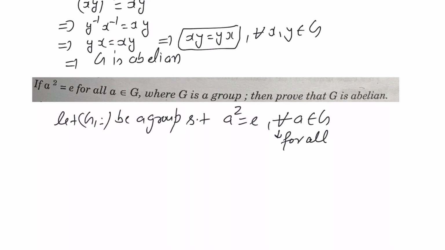a square is equal to identity implies a square can be written as a dot a is identity.